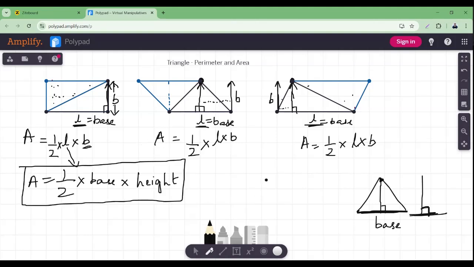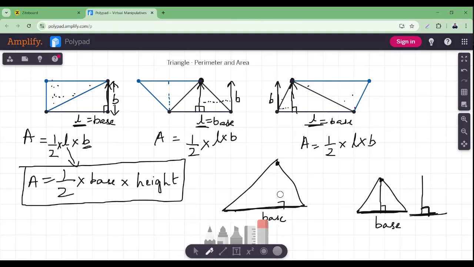That means you take any triangle. If I'm taking this as my base, there should be a 90 degree line standing on this base and touching the opposite vertex. That length will become my height, and this length will become my base.